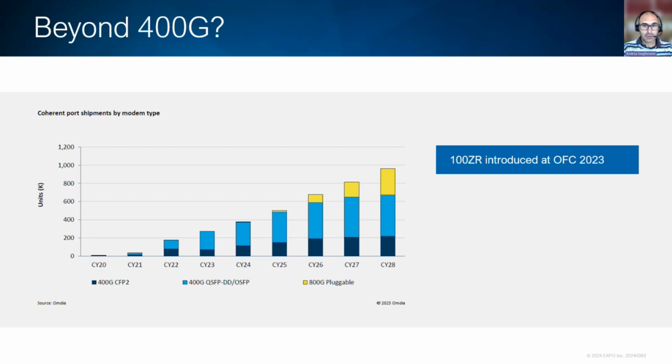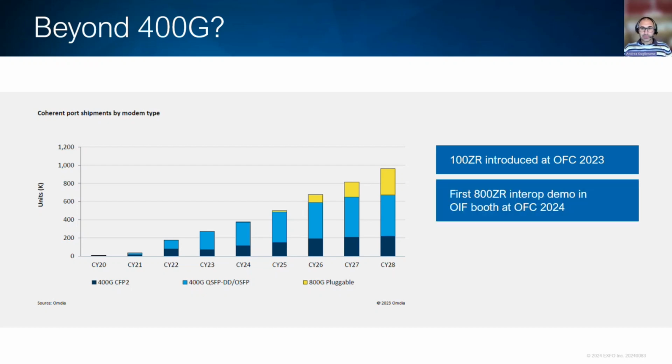So as we mentioned at the beginning, 400 gig is not the only player in the IP over DWDM story, for sure. I mean, we have seen 100 gig ZR is expected to make a big contribution to the development and deployment of IP over DWDM, more in the metro access portion of the network. And definitely more vendors are expected to enter this market.